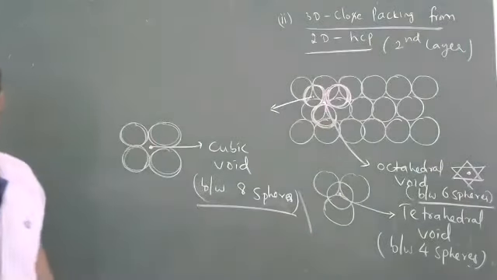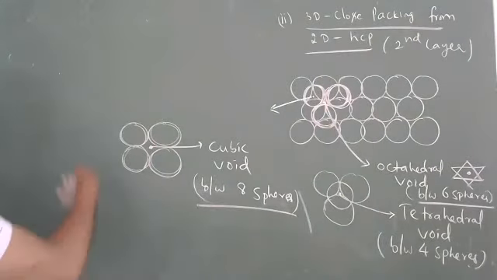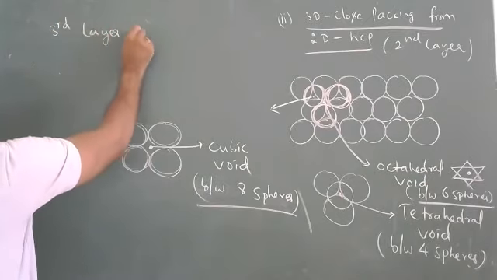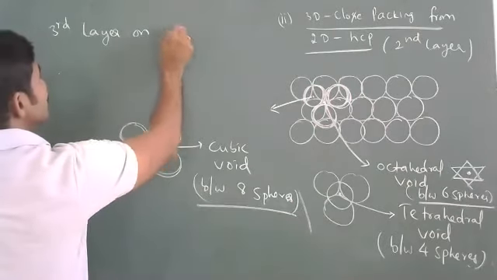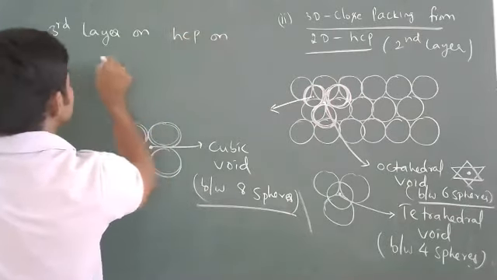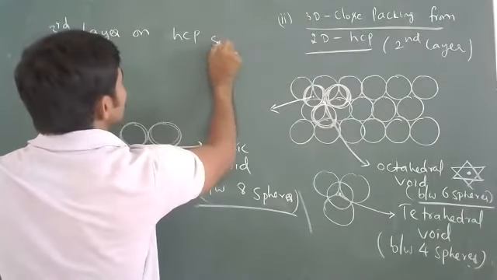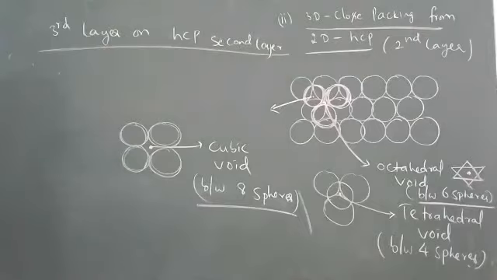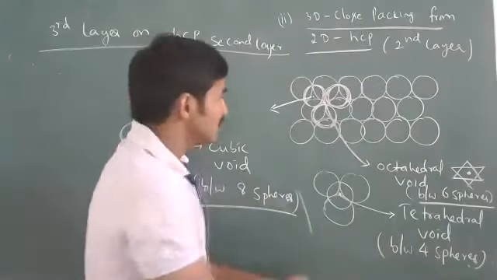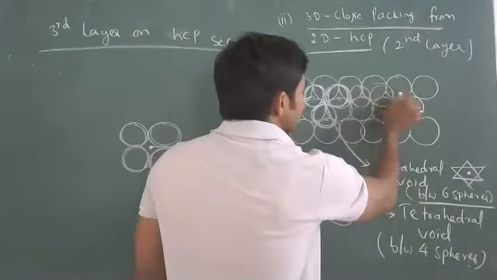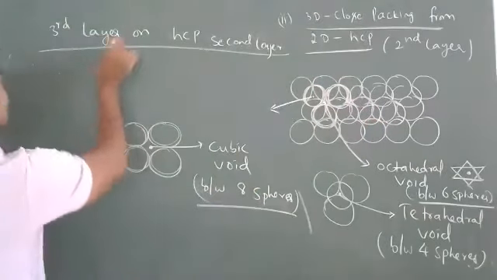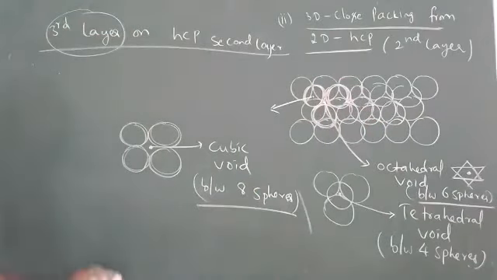Now we are placing the third layer on the HCP second layer. So this is the second layer I placed here like this. Above the second layer, I'm placing the third layer.